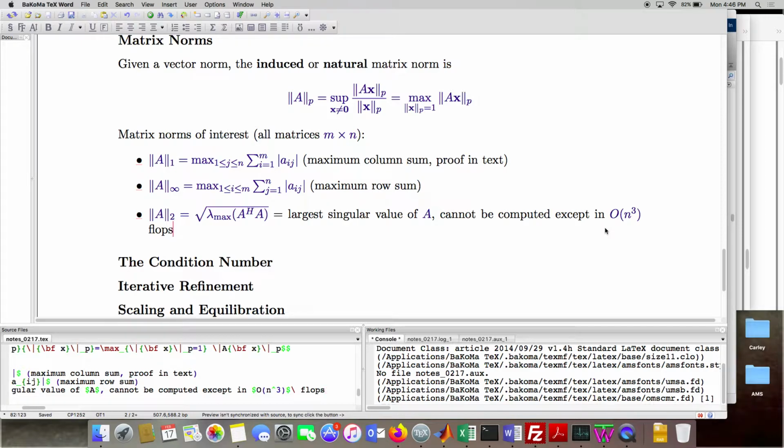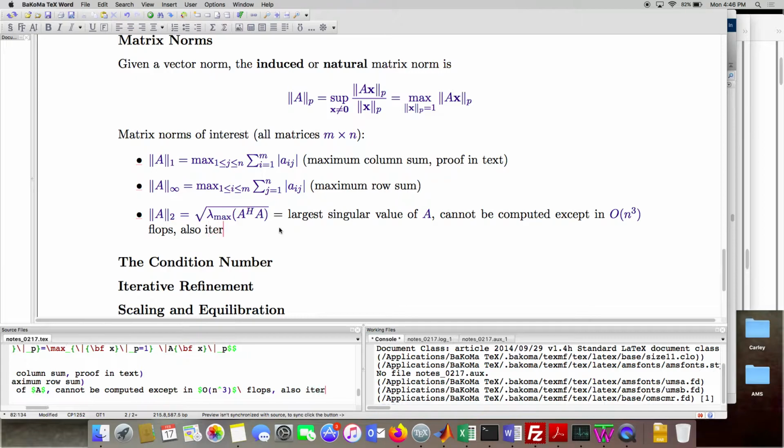In some cases, you may be able to pull off a good estimate with order n squared work, but n cubed is generally what you'll get. So that's really a pain. It's much more expensive to compute than the 1 norm or infinity norm, which require order n squared work.